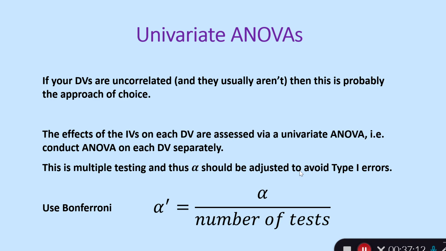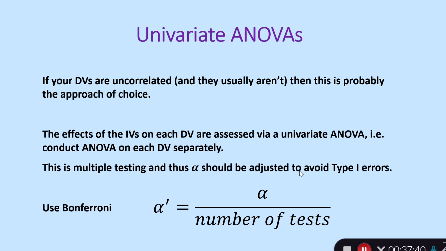You're just testing things using univariate ANOVAs. And when we do this, it's just multiple testing really. The effects of the independent variable or variables on each DV are assessed via a univariate ANOVA, i.e. conduct ANOVA on each DV separately.